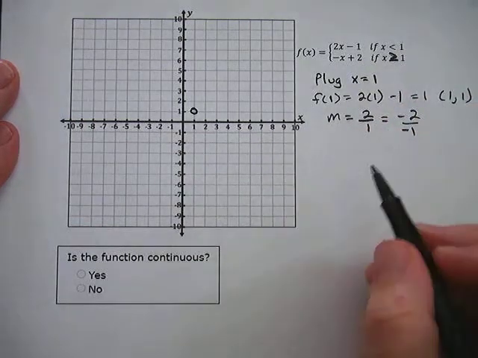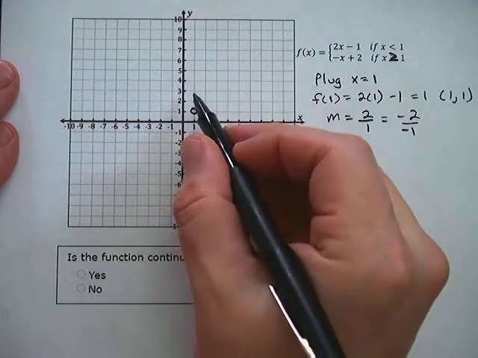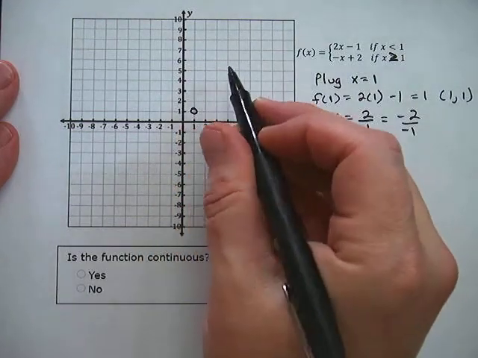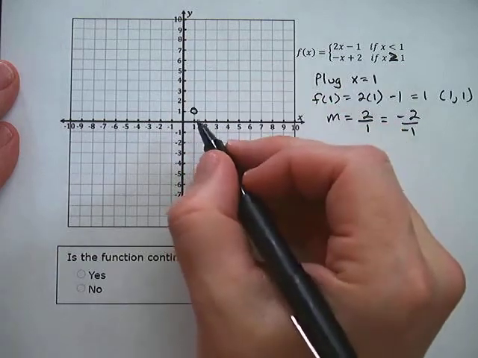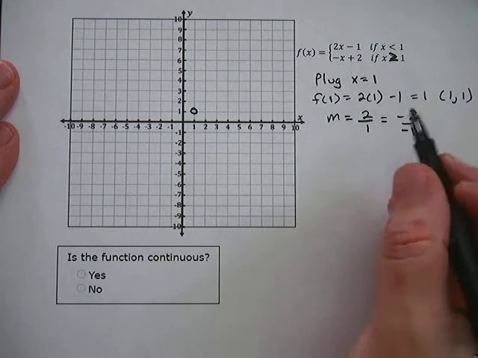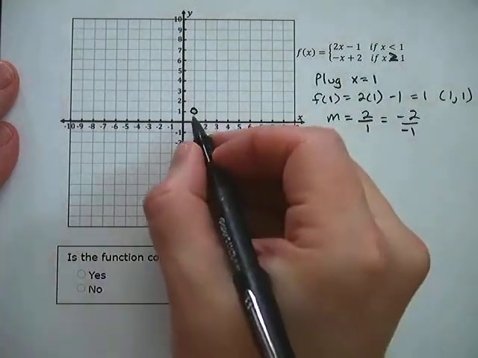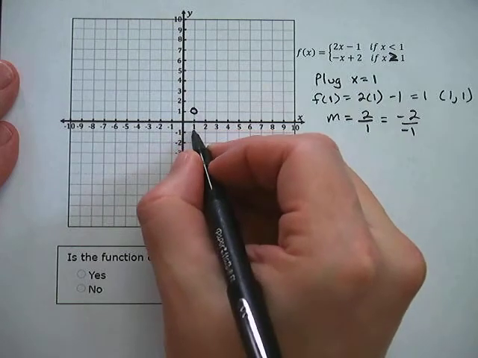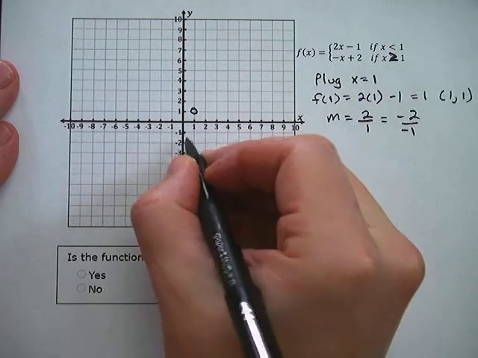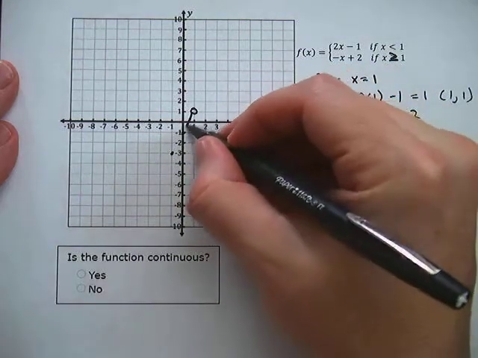If we use this rise over run, starting from this point, we'd be going up 2 and right 1, and that's not less than 1. So we need to use the other one so that it goes the other direction. So we use this negative 2 over negative 1. Remember, rise over run. So I would go down 2, left 1. Down 2, left 1.